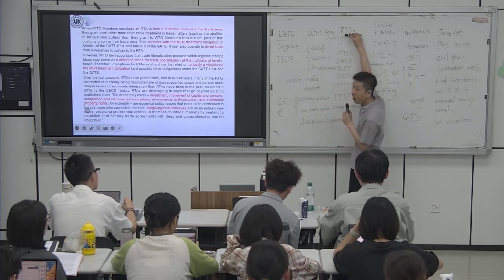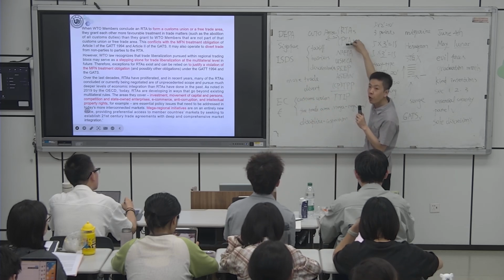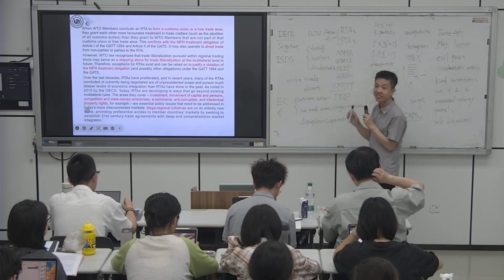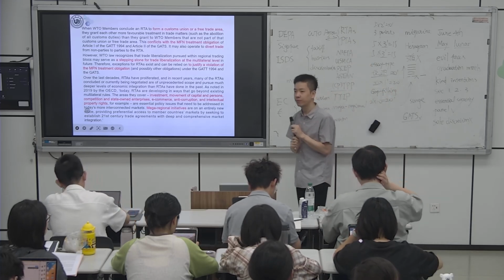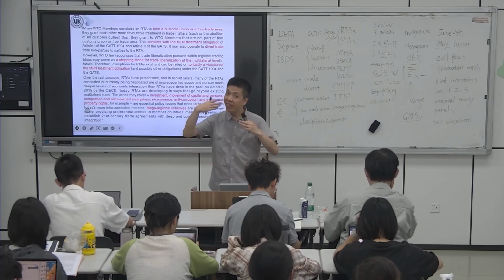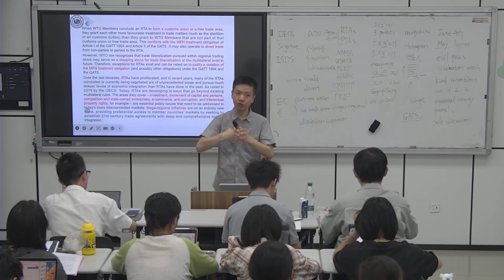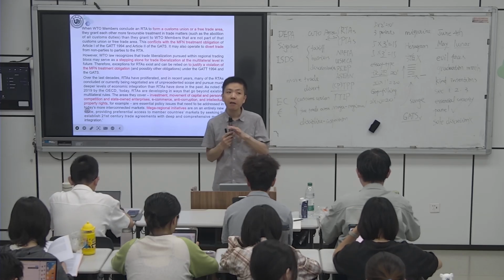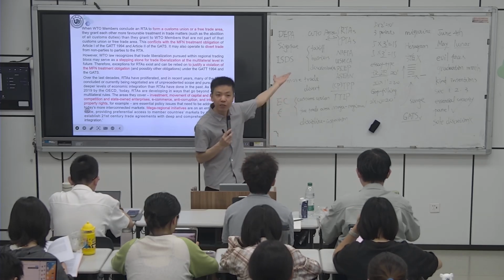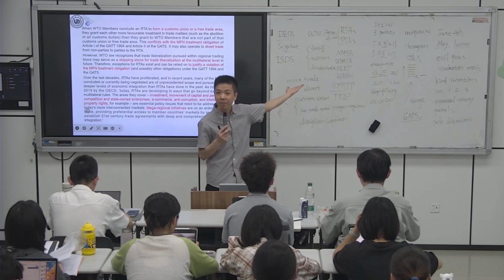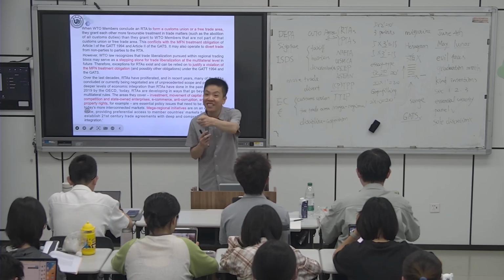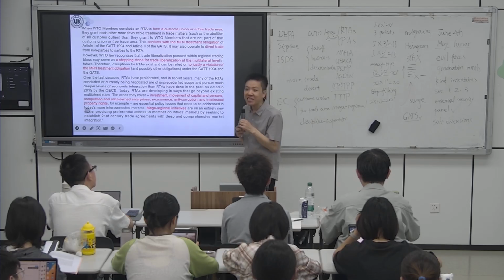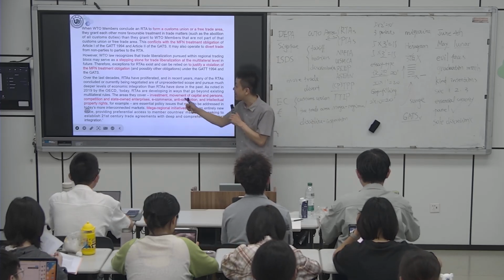And what about the RTAs? Anti-corruption in RTAs. What's the relationship between these two issues? What's the pursuit of WTO rules and RTAs? Trade liberalization, right? Then what's the relationship between trade liberalization and anti-corruption?